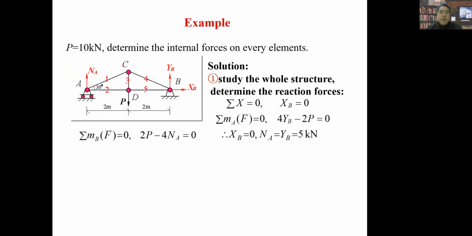So let's see an example. Determine the internal forces on every element. We have a very beautiful plane truss because it's symmetrical about this vertical line. The vertical member has the number 3, so we have 1, 2, 3, 4, 5 members.